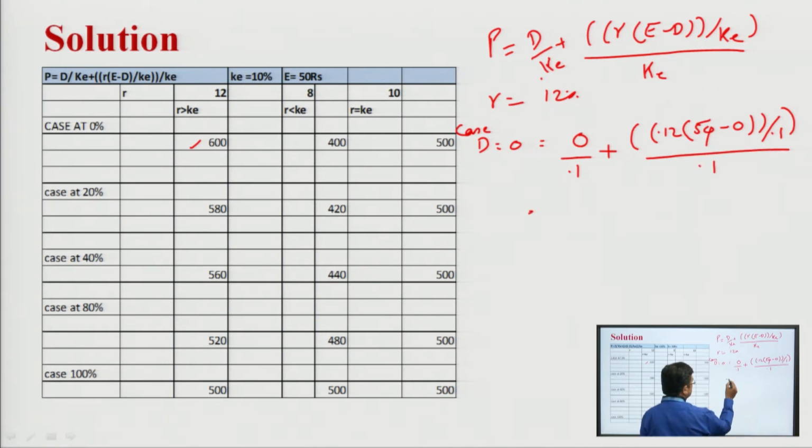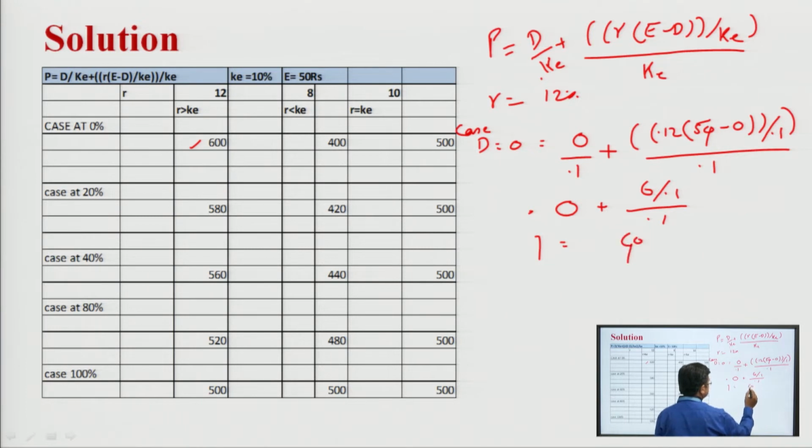So, this is 0.12 into 50, 6 divided by 0.1, whole divided by 0.1, 60 divided by 0.1 is equal to 600.